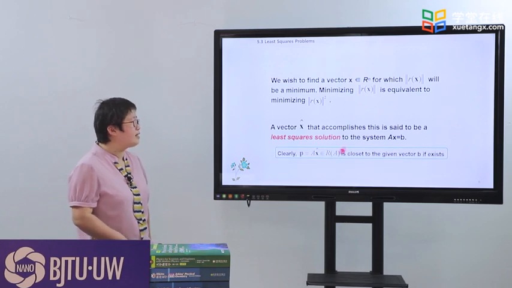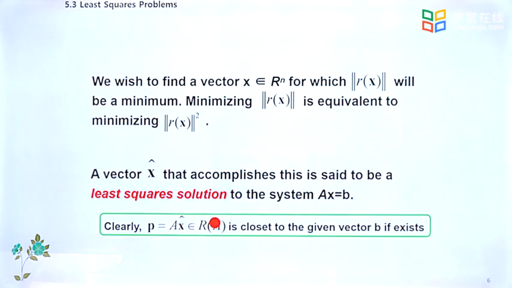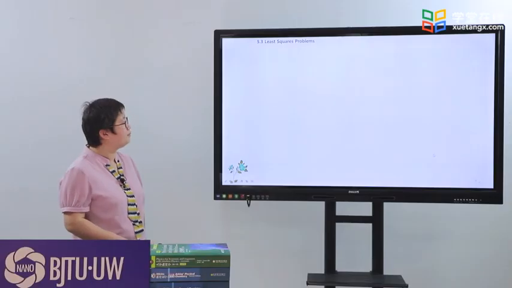Clearly, p equals A times x hat, which is in the range of A, is closest to the given vector b, if it exists. See, you try to minimize the length of r(x). That means you try to find p equals A x hat, which belongs to the range of A, that is close to the given vector b.